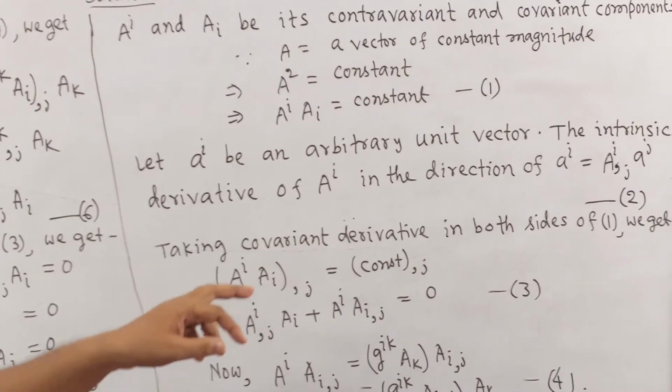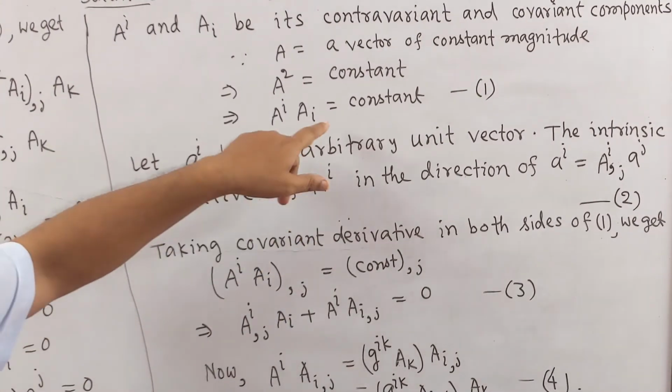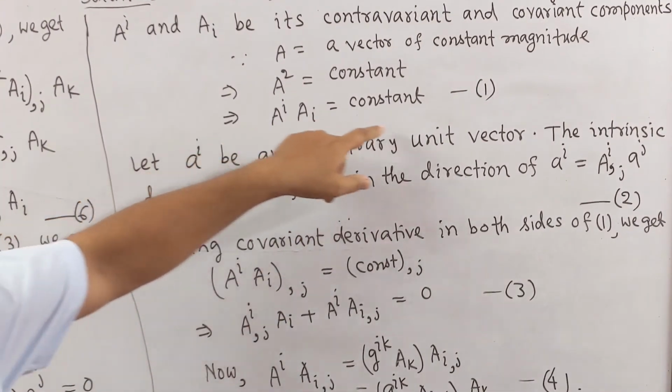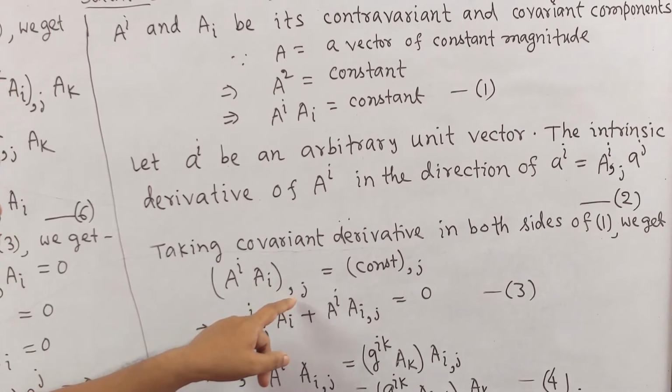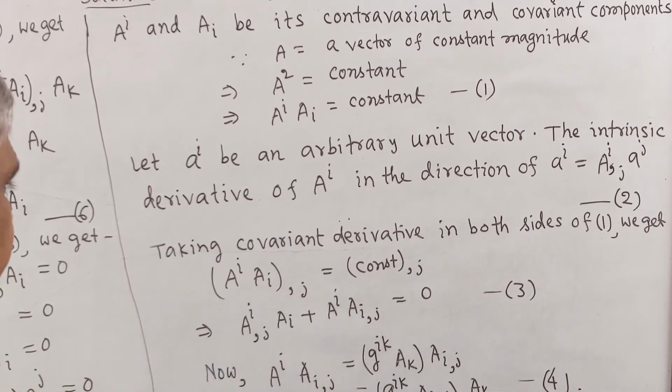Taking the covariant derivative on both sides of 1, (A^i A_i),j.